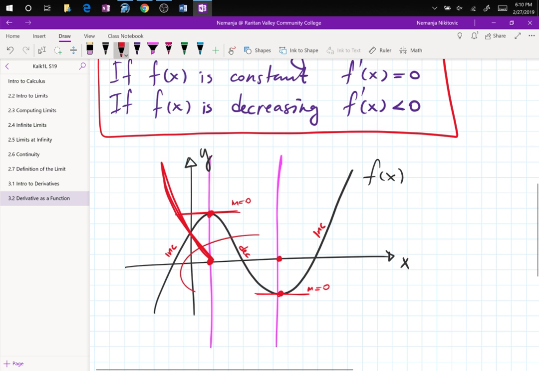Now, in the middle over here, function is decreasing, which means that the derivative needs to be below x-axis, and it has to hit 2 points on the side. There we go. Yeah.